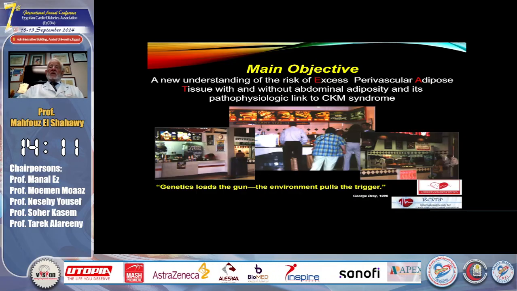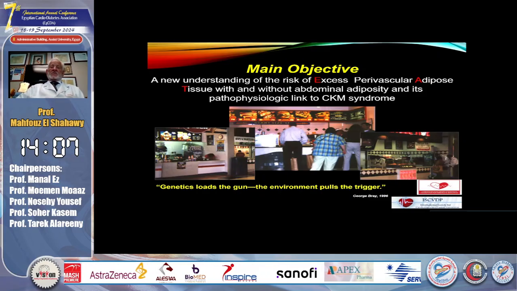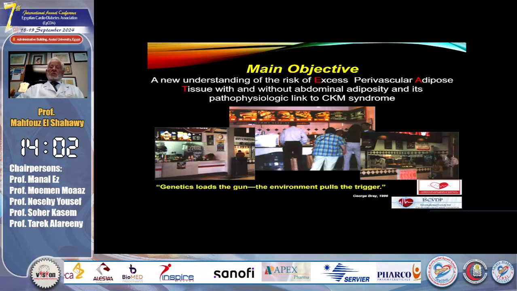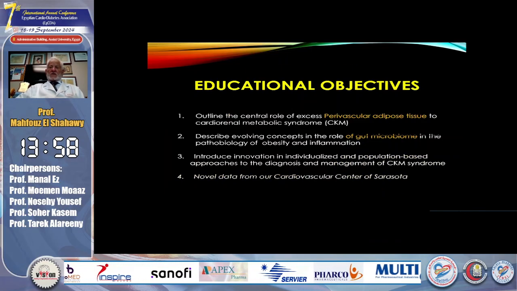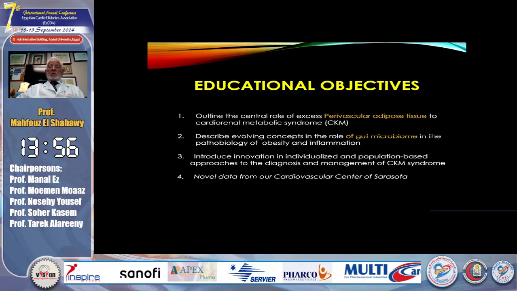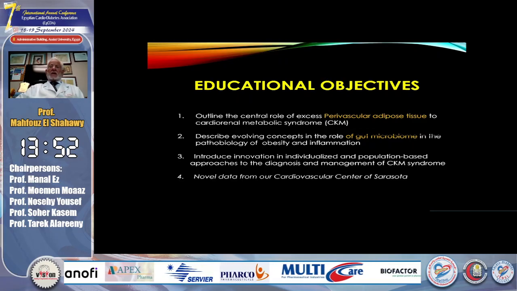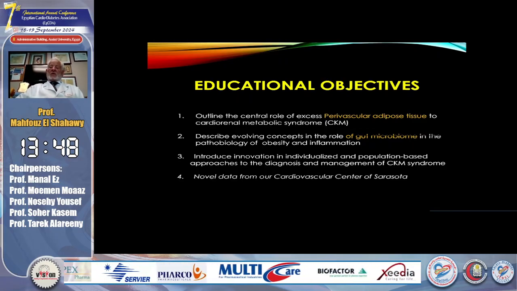Genetics loads the gun, but the environment pulls the trigger for obesity and increased perivascular adiposity. Now, this is the educational objective. As you can see, I will make two points. For that, I will emphasize the role of the perivascular adipose tissue, as well as a few words on the gut microbiota.